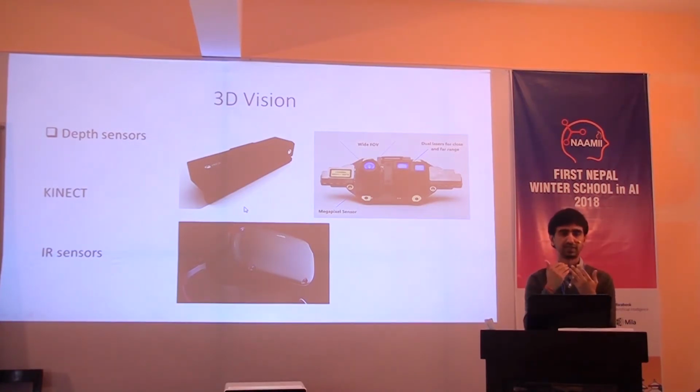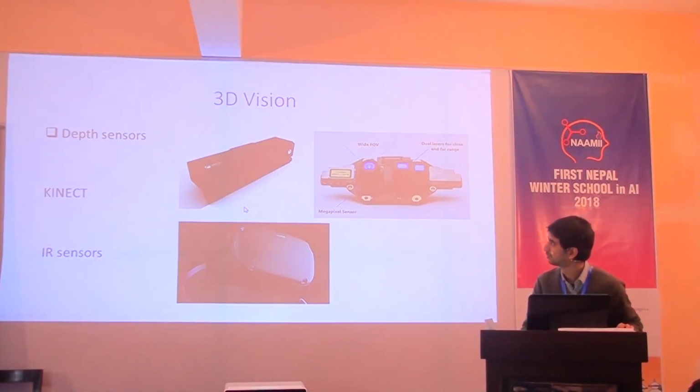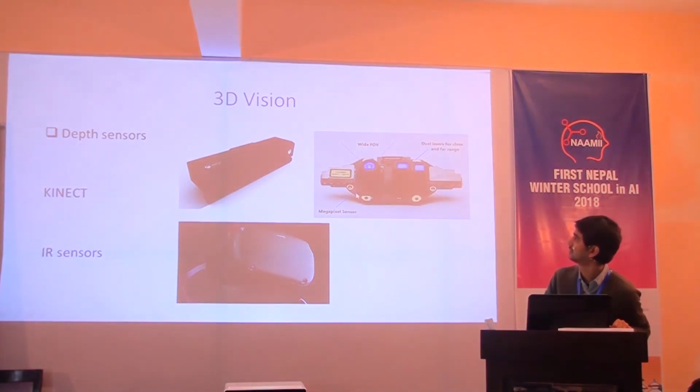When it returns, it can detect the phase or the change in time, and use that to compute depth. Light travels at a certain speed, even though it's very fast. Now we have gigahertz clock rates that can detect even small millimeter distances. This is a new version; I think they're coming out this year.